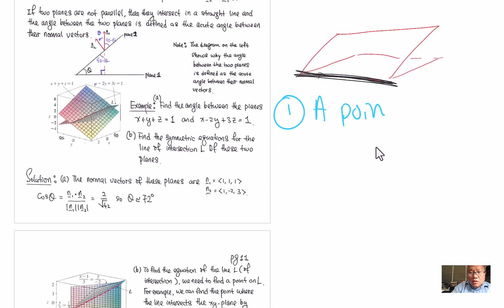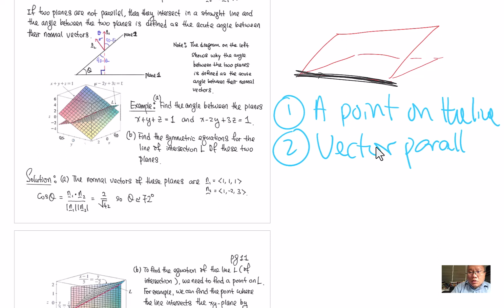And then number two, a vector that is parallel to the line.